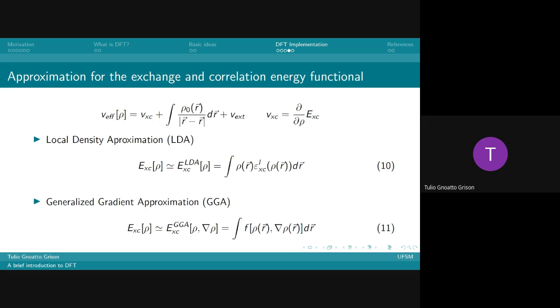And GGA, which stands for Generalized Gradient Approximation, most often used in strongly correlated systems, and takes into account the gradient of the electron density functional.